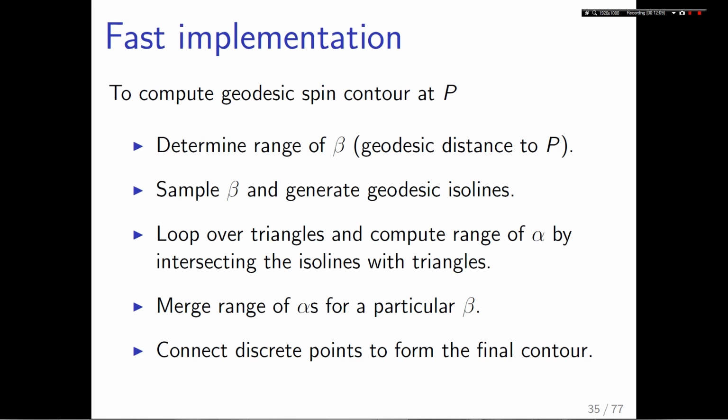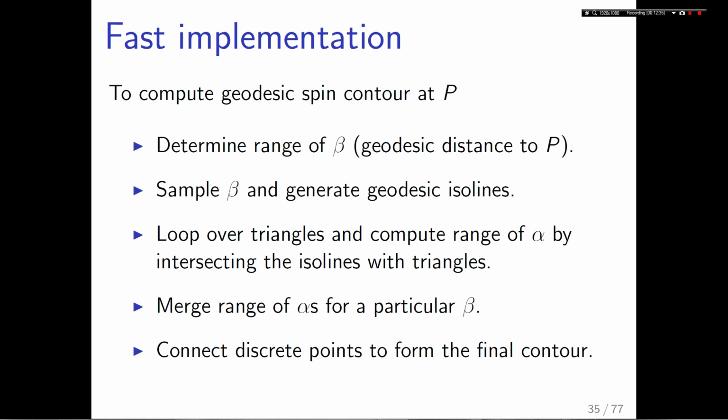To compute this geodesic spin contour at a particular point, like I show you on the board, like on the fingertip of the Sentosa model, first we need to determine the range of the beta, which is the geodesic distance to the particular point. And then we sample this to generate some geodesic isolines.